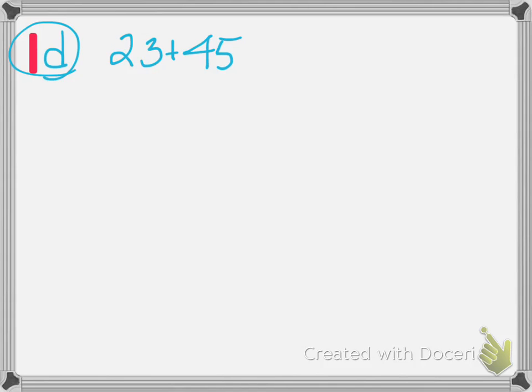Moving on to 1d. We have 23 plus 45 times 1.024 to the x power equals 147.